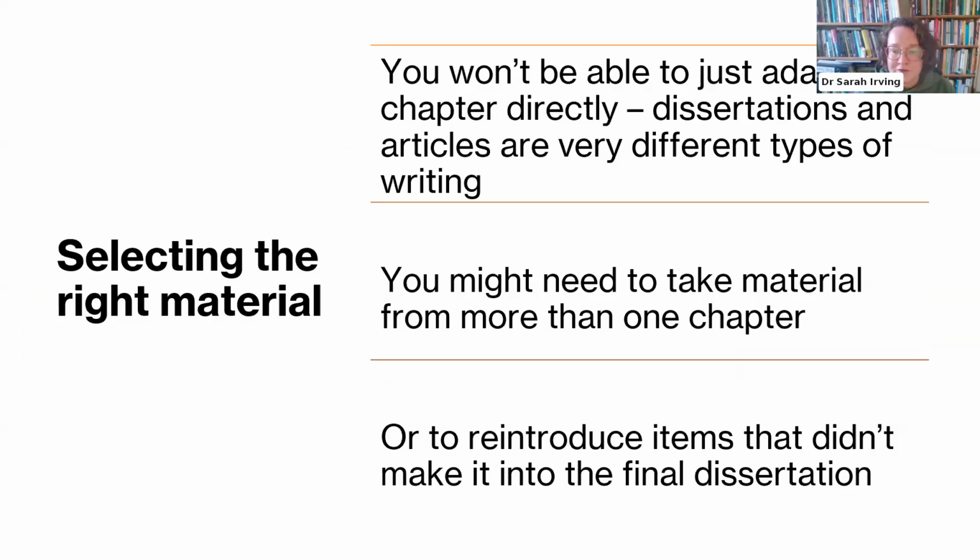It's also possible that things that you didn't manage to fit into the final dissertation because they weren't completely relevant to the argument are still useful and still interesting and can still be used in publications.